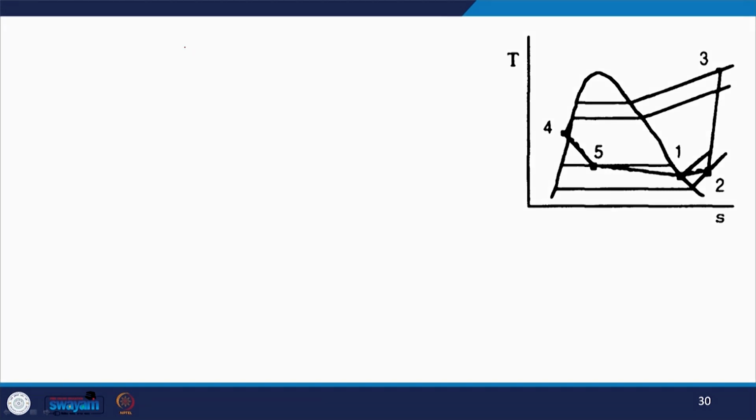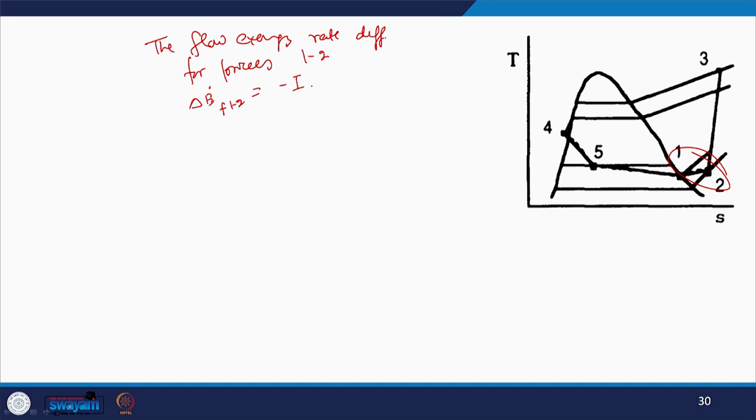So let's solve this problem. The flow exergy rate difference for process 1 to 2: delta E is equal to minus I 1 to 2, that is minus m T naught (S2 minus S1) minus (H2 minus H1) upon T naught. That is equation number 1.